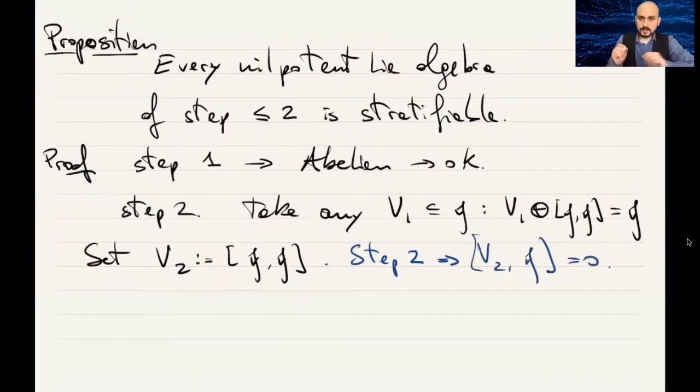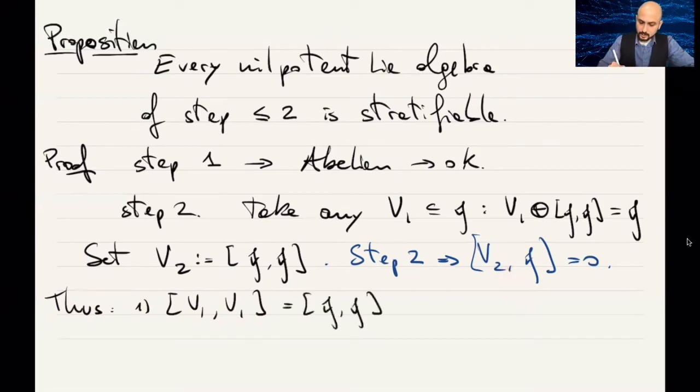So what we get from this observation is that we have a stratification. What is [V1, V1]? Since V2 has 0 bracket with G, this is the same as the bracket [G, G], which by definition is V2. This is the first condition for a stratification.